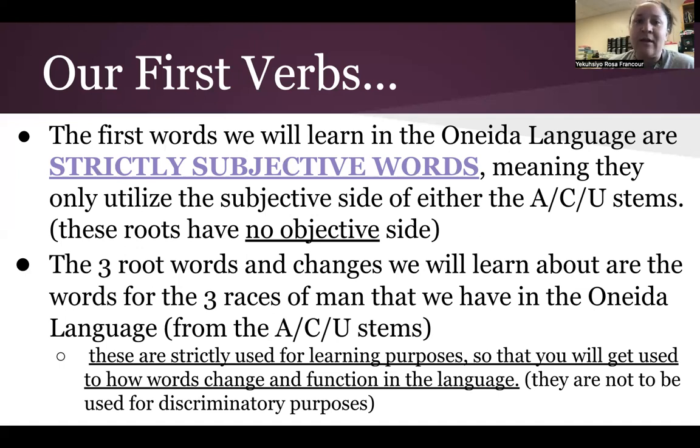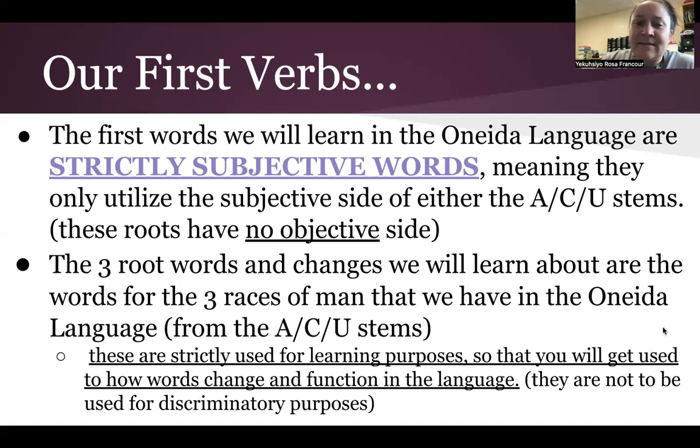When I say conjugated, it just means how the verb changes. It's more of a linguistic term used when talking about grammatical aspects of the language. It's just going to get you used to how the verbs change and function in our language. They're not to be used for discriminatory purposes. This is strictly for educational purposes.